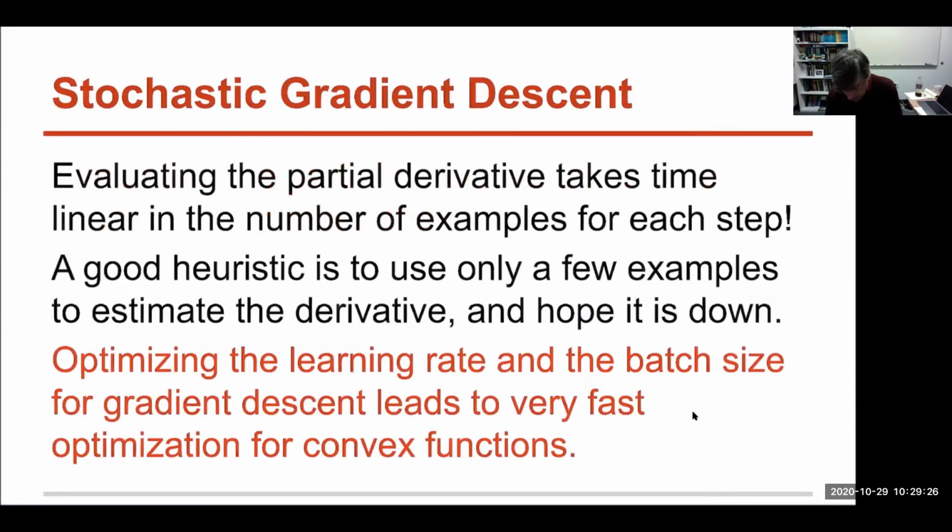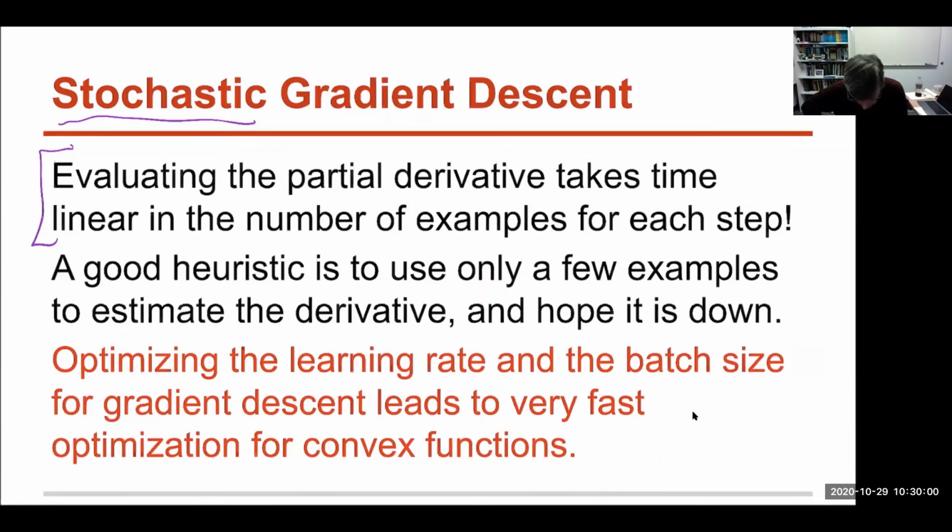There is the idea of what people call stochastic gradient descent search, okay? Evaluating the partial derivative of the full error equation will take time proportional to the number of examples that we had, okay? All we want from this derivative is an estimate of which way is down, and ideally which is the fastest way down.